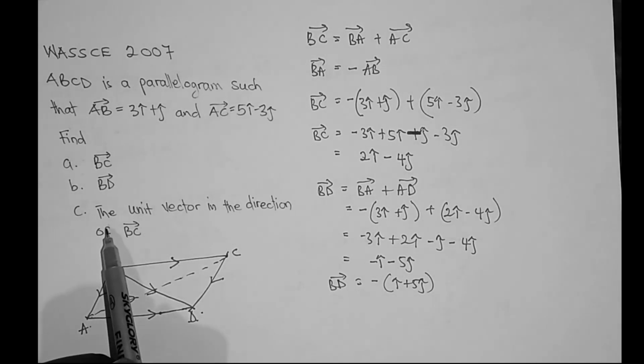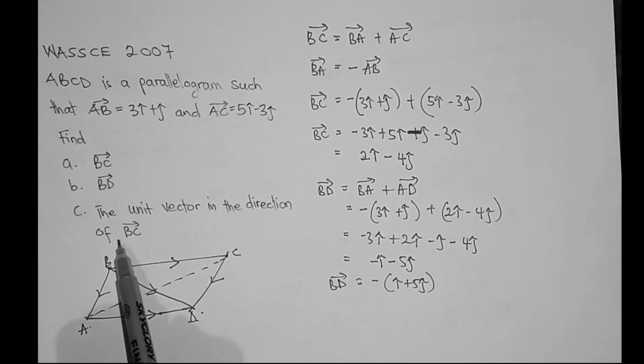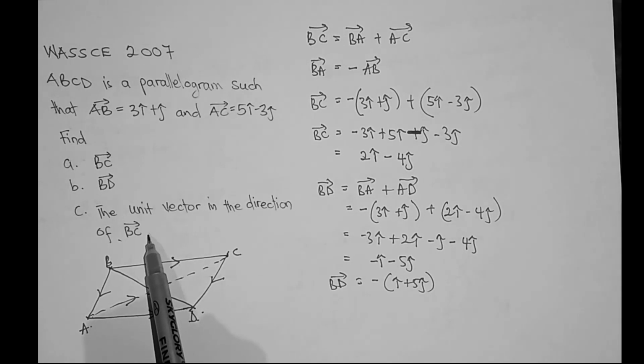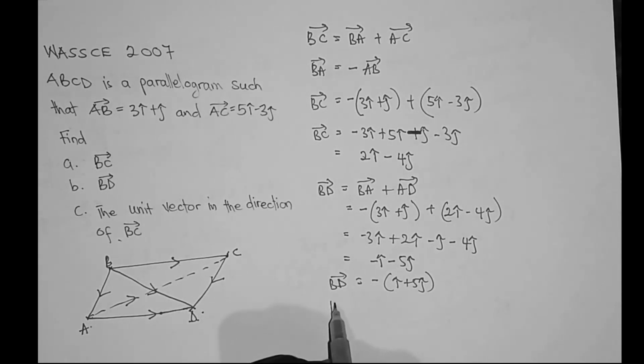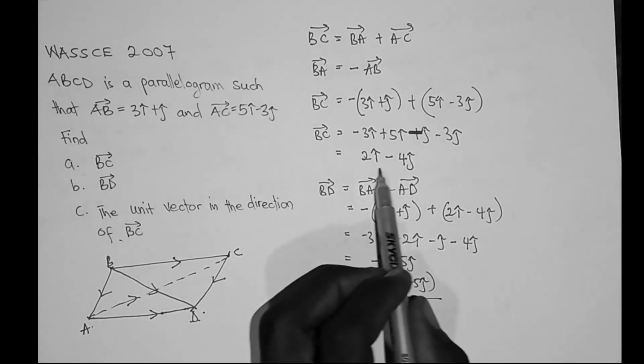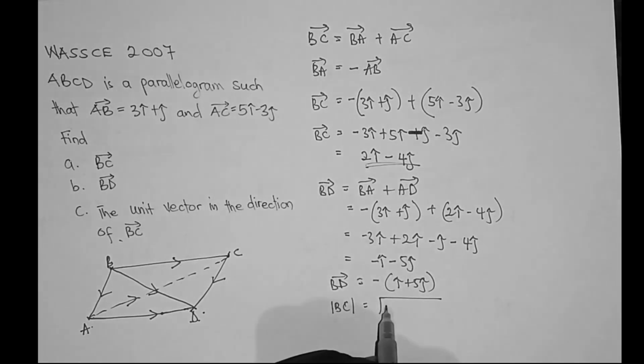And then the last portion is we should find the unit vector in the direction of BC. So let's find the magnitude of BC. The magnitude of BC is equal to the square root of 2 squared plus minus 4 squared.